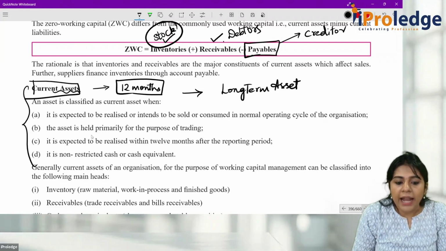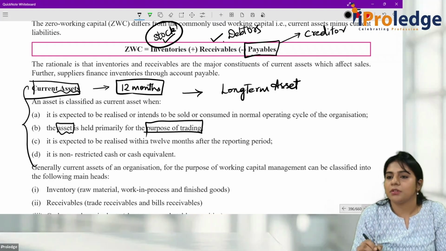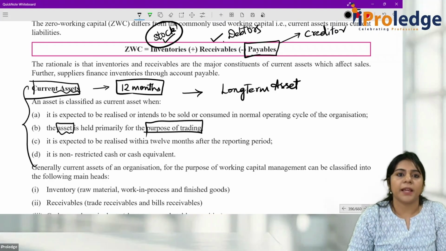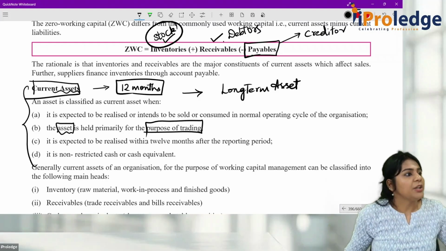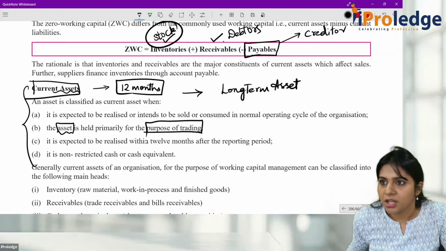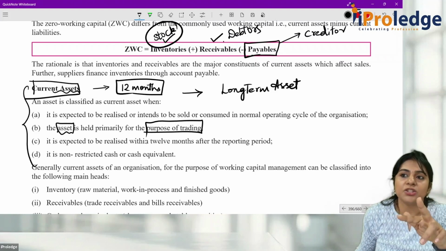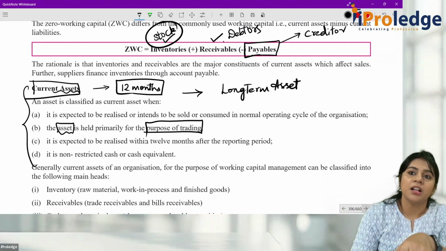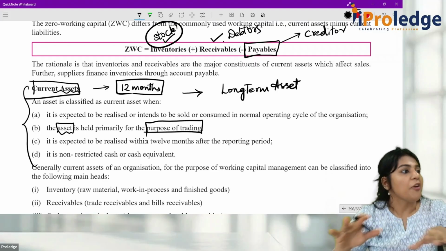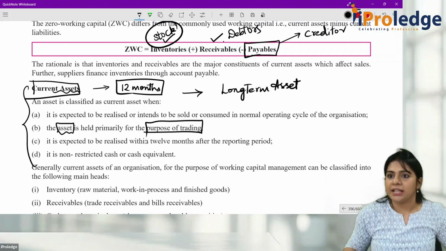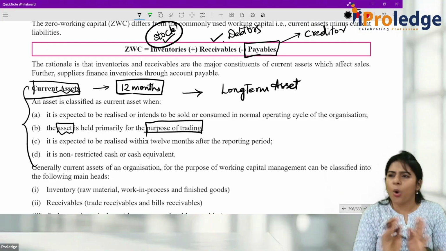And again, an asset which is held for only trading. Now I have furniture in my business. This is furniture I use to sit. I don't buy and sell furniture. So there is a difference here. Buying and selling furniture would come under the definition of current asset, whereas I'm using furniture only to sit, for my office space or home space.